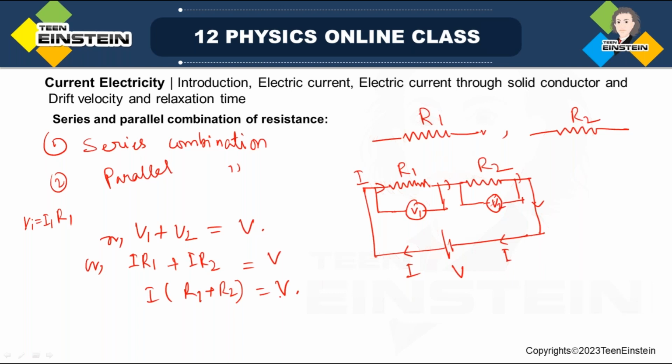So I into R. So this right hand side, let us say after using this combination of resistors, if I replace this circuit with a single resistance of equivalent resistance, R1 plus R2 here.